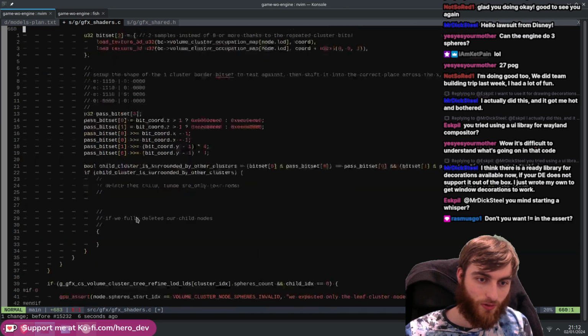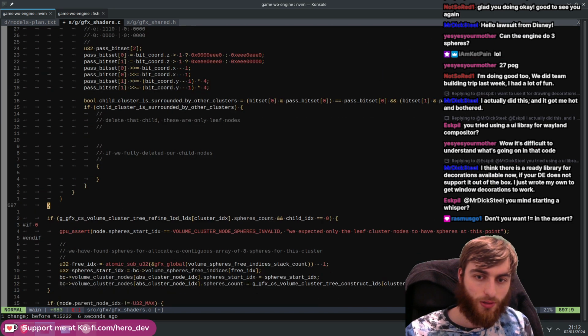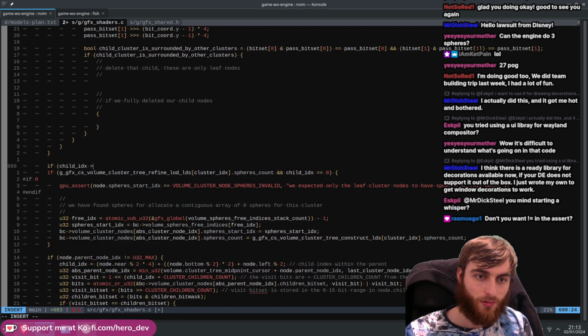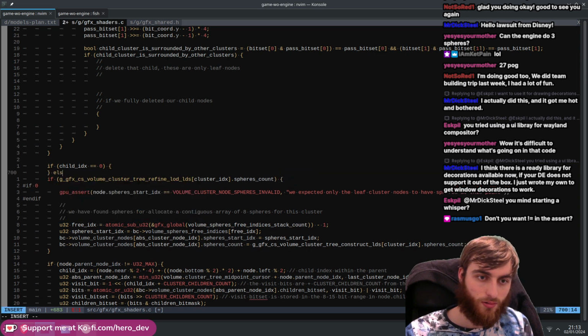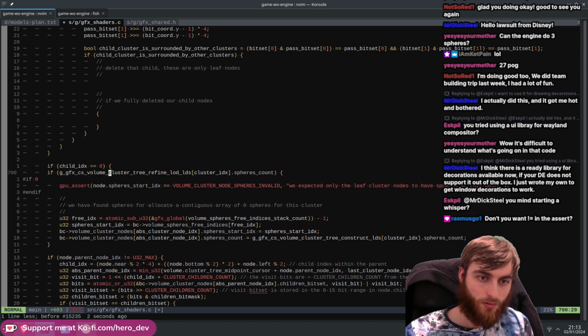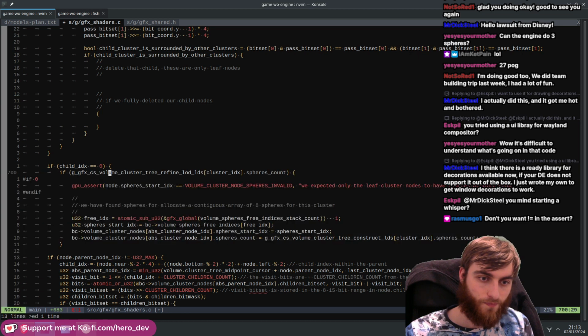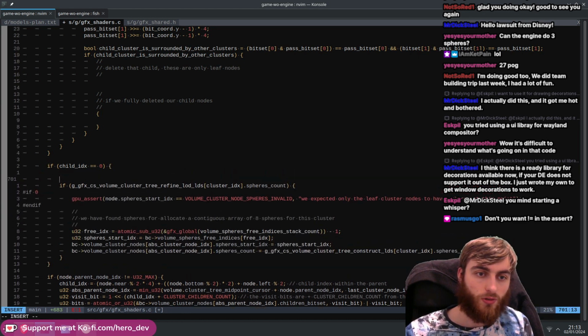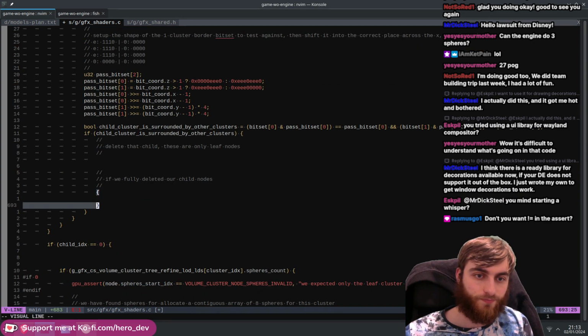I guess at this point when they're all active again, you need to say, hey, if the child index is 0, we need a nice bit of code which would just do this.